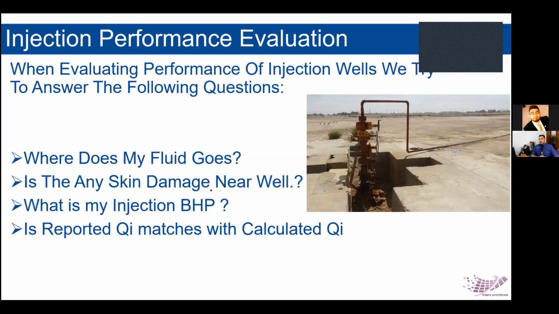Knowing these data, actually, you can really find out what's happening inside your well. It's all related to this factor here, the bottom hole pressure. Whenever you have a bottom hole pressure increase in any given injection well, this means one of two things: either your configuration of tubing is not sufficient, you're producing pressure, or there is skin damage happening inside your well.